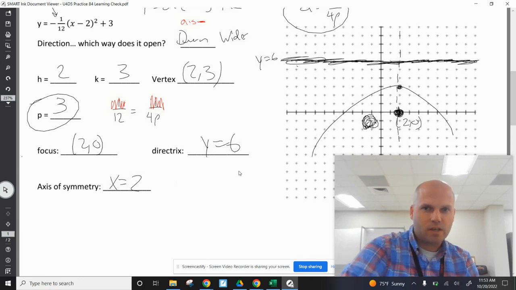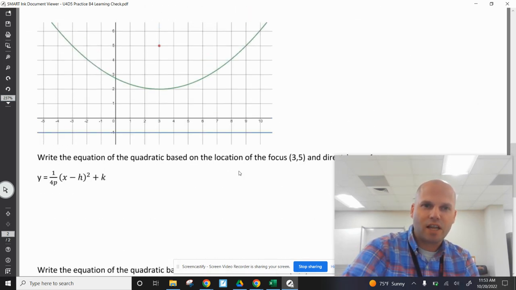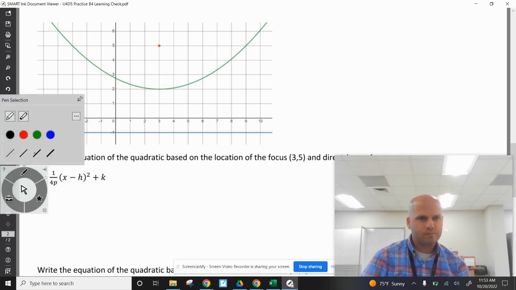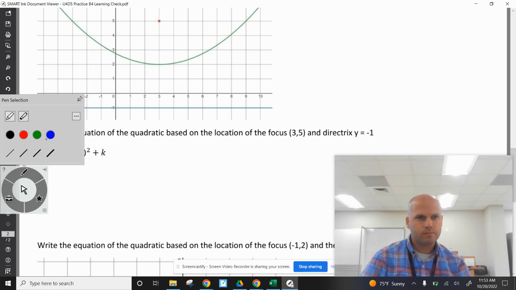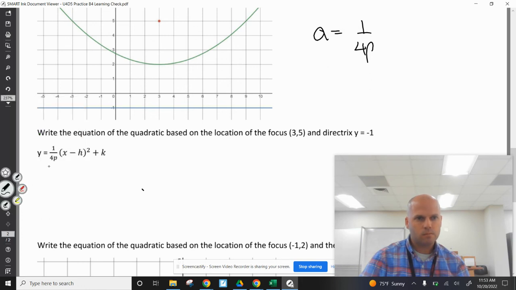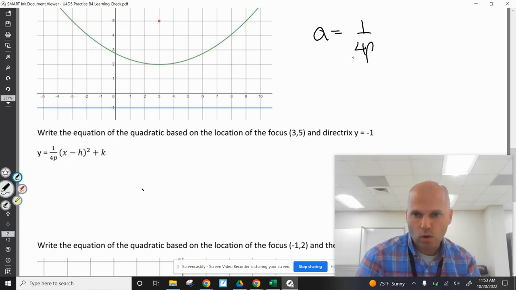My directrix is at 6. Now, what's great about our understanding is it actually makes it very easy to find the equation of the parabola. If a is 1/4p, watch. Ooh, I like that better. A is 1/4p.